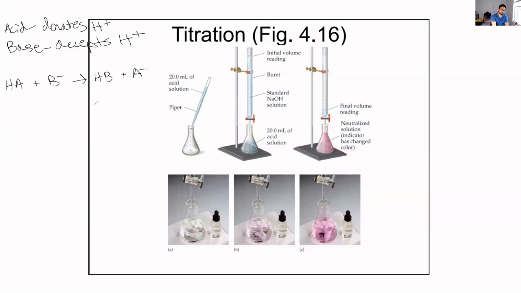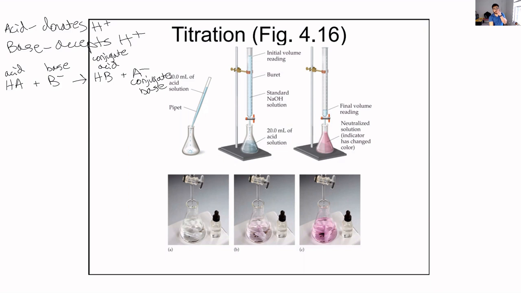So in this equation, this is the acid, this is the base, this is the conjugate acid because it's after the base has gained a proton, and this is the conjugate base because it's after the acid has lost a proton.